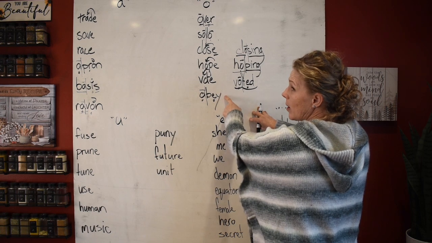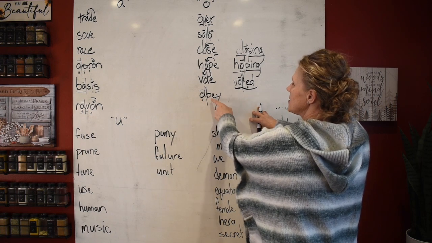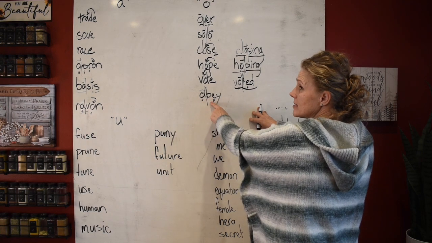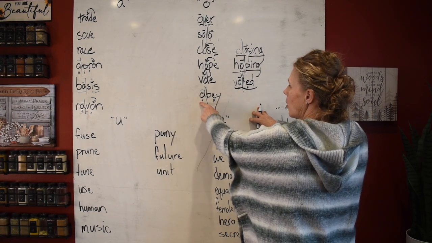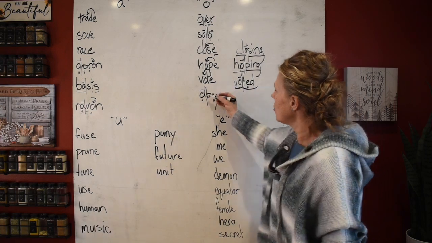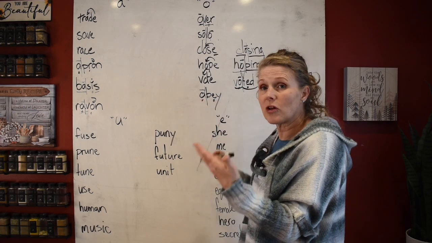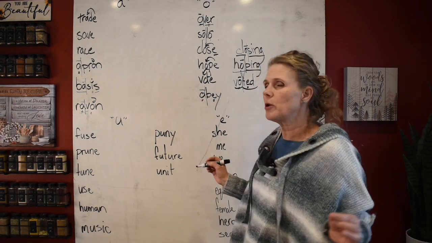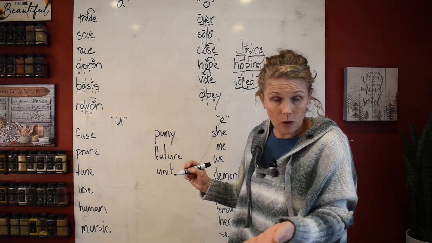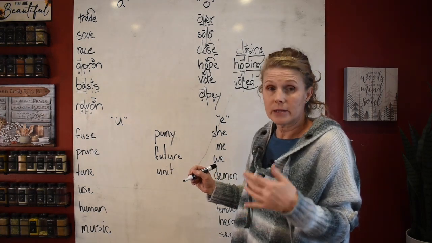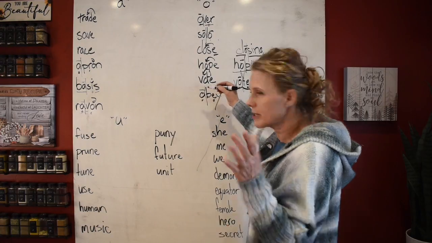Most of the time, AY says A at the end of a word. But this is an open syllable and this is a vowel team syllable. Open, vowel team. So because this is open, it's going to force that O to say the long O sound, because open O's always say O. Closed O's, on the other hand, is something different. And we already did a video on that.